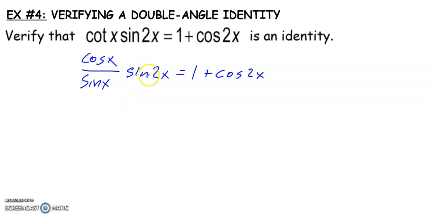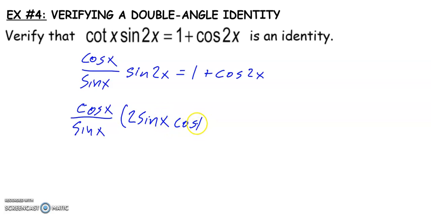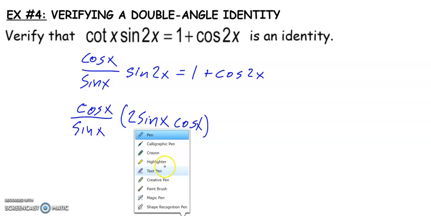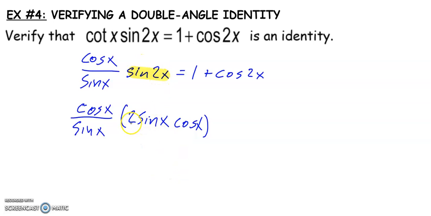So what I want to do is, I've got this sine 2x. Let's use our double angle identity to write out what that is. So we're going to do the cosine of x over the sine of x times sine 2x, which we're going to rewrite as 2 sine x cosine x. What I did is I used the double angle identity and rewrote that as that.